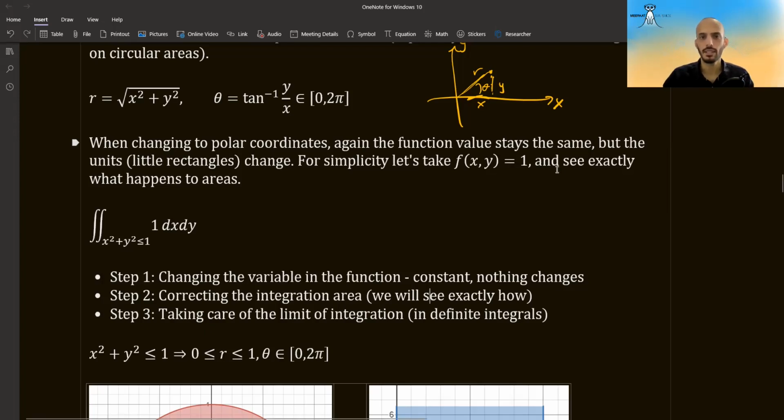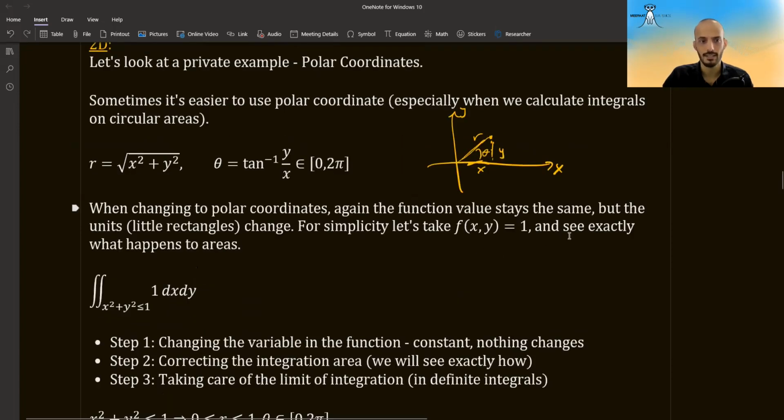But the units, the little rectangles that we use to calculate in x, y, will be different than the units that we take in r, theta. So again, for simplicity, let's take the function itself to be some constant, let's say 1, and see what happens to the areas.